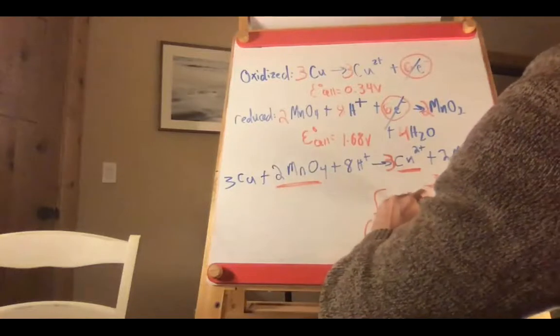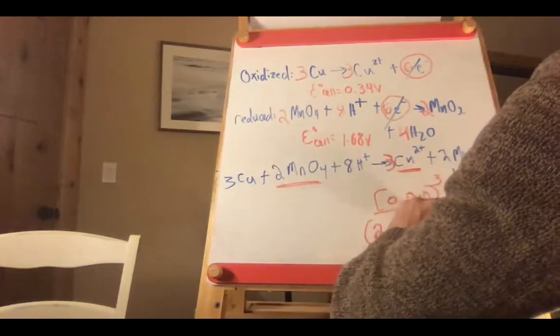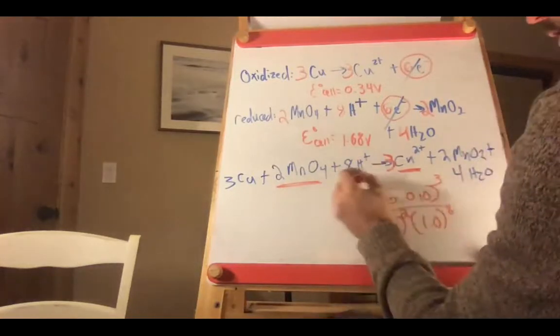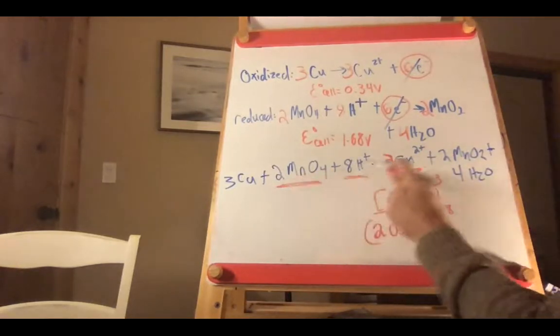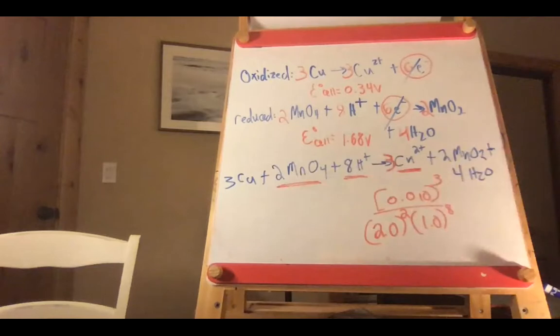And then the last one was, what was that? It was 1.0 raised to the 8th power, right? Because these are the concentrations we were given, right? So that's Q. Now we just need to plug in the other things.